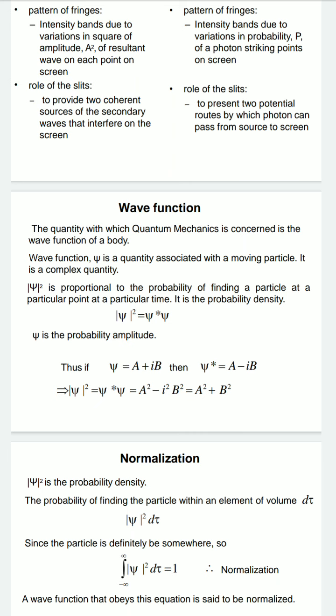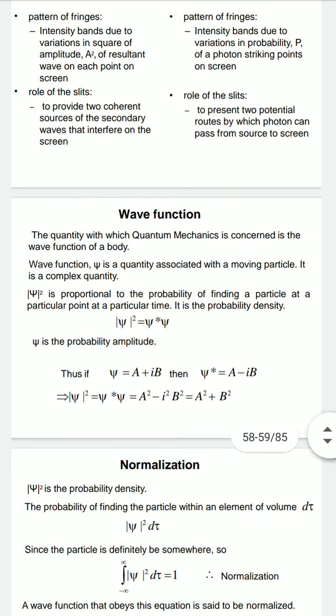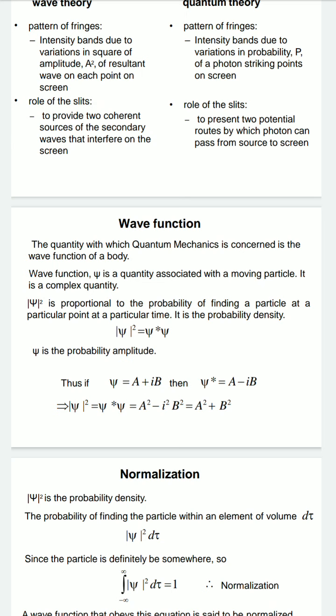Now, what is called normalization? We know now what a wave function is. A wave function is a mathematical function to represent a system. Here, if a particle is considered as a system, the particle's full property will be represented in the wave function psi. So psi can be a complex quantity, and psi modulus square will be its probability density.